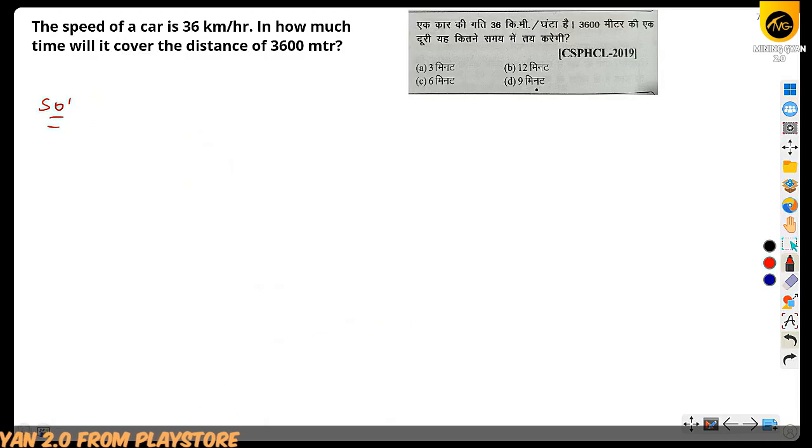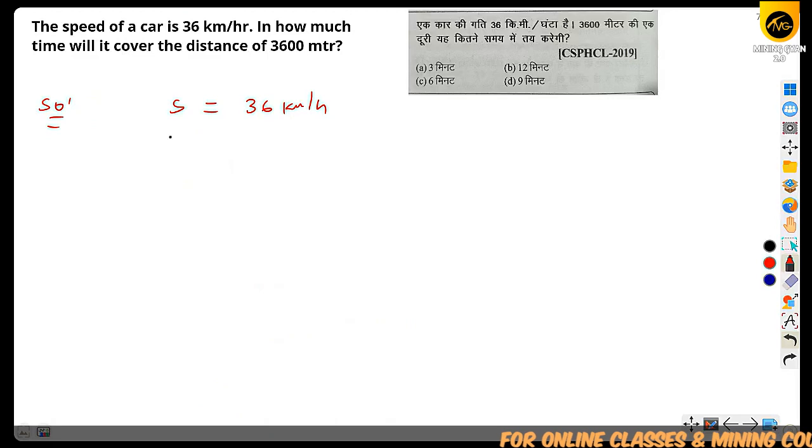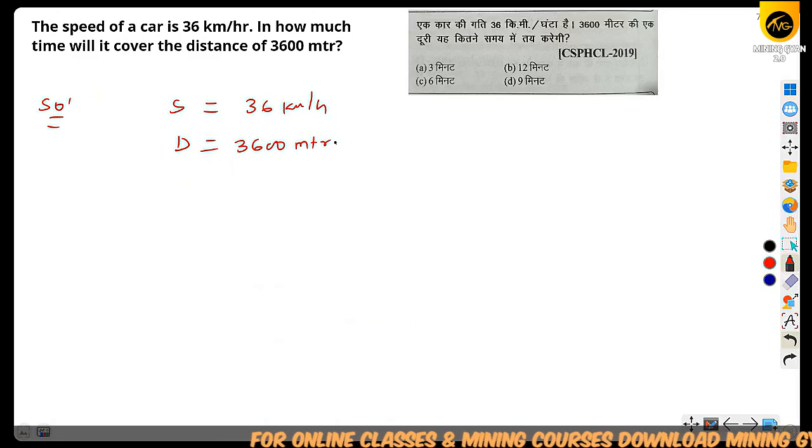Always remember in what form the unit is used in the options, then you have to work accordingly. We have a speed of 36 kilometer per hour, right? And the distance is 3600 meters.